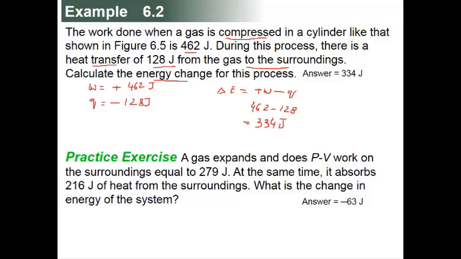This is the internal energy, plus. We don't write plus here for you, I am just teaching you that this plus means the internal energy of the system increases here.